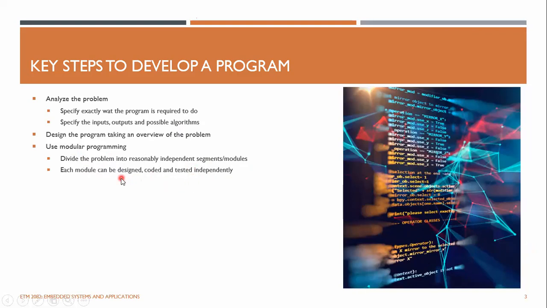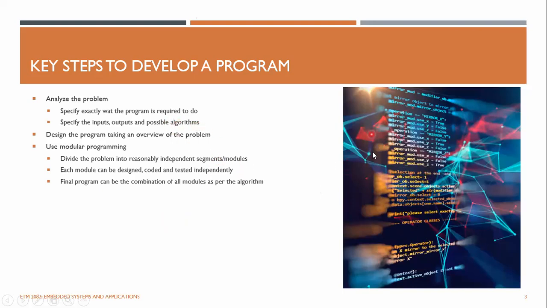And like I mentioned, each module can be designed, coded, and tested independently. Like you write a function, so when the function is called, it will do a specific job. So you can test it separately without worrying about the rest of the program. So finally, when you have tested all these modules or segments and you're happy, you can combine them and order them according to your algorithm.